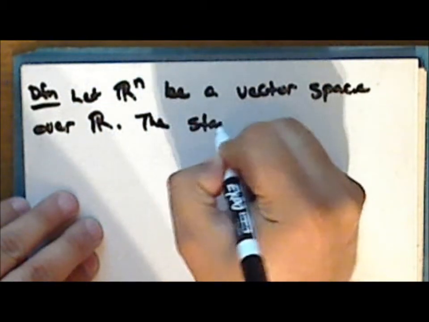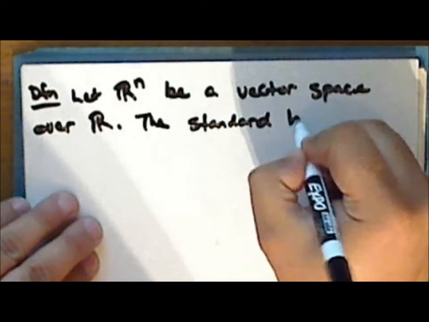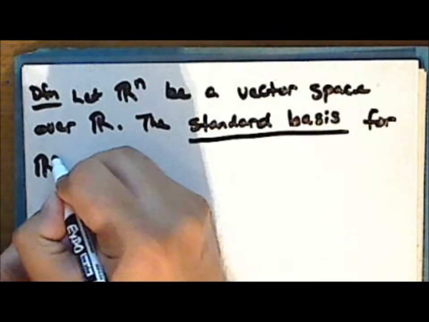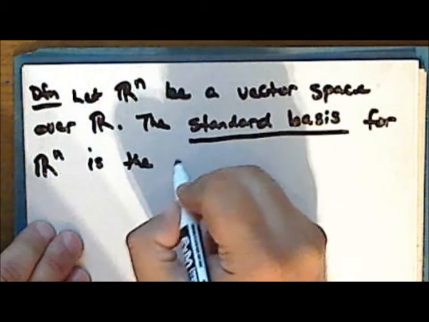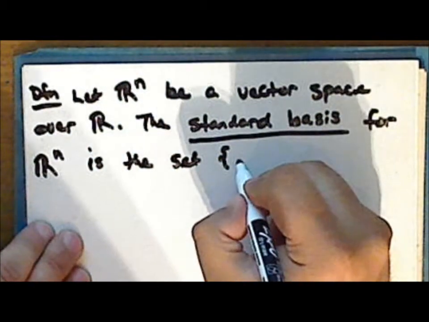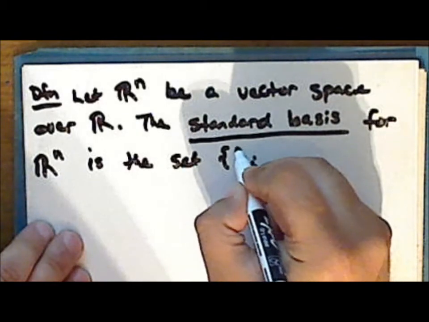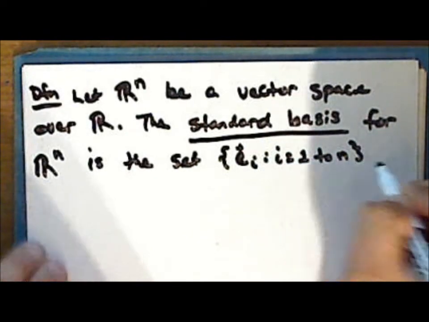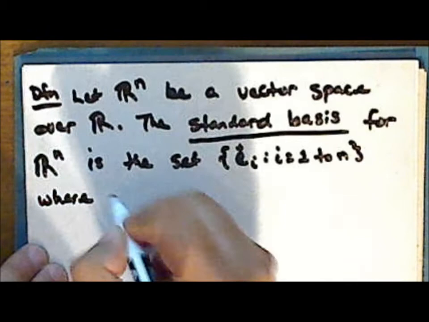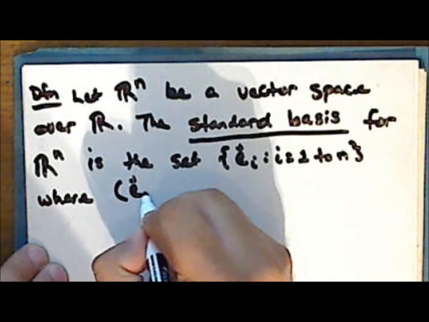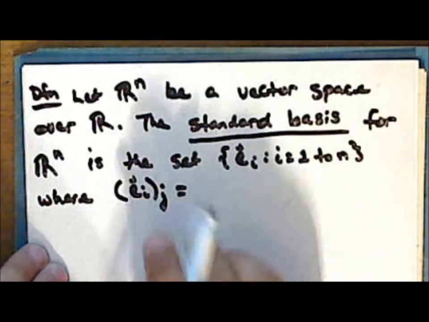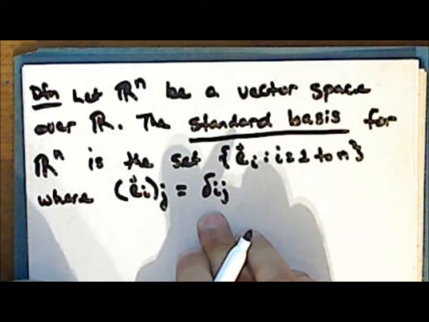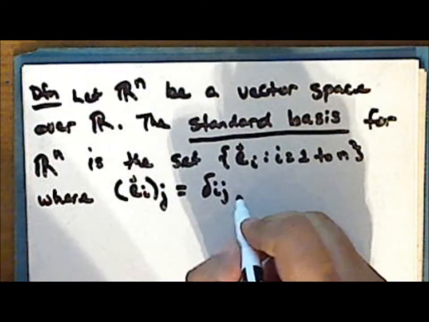The standard basis for this space is the set consisting of vectors e sub i for i ranging from 1 to n, where the jth component in the vector e sub i is the Kronecker delta with indices i and j.